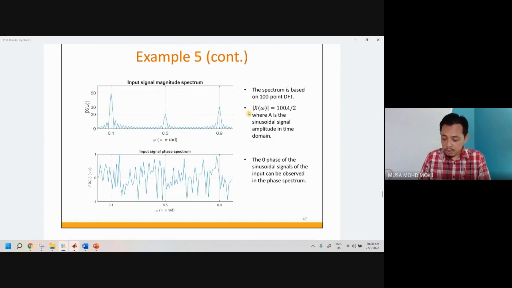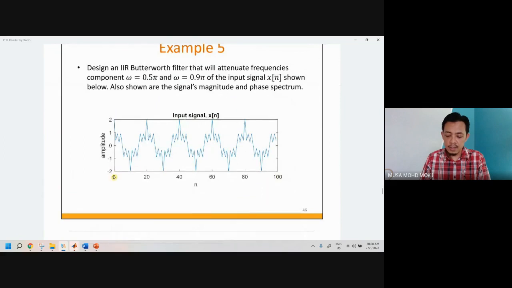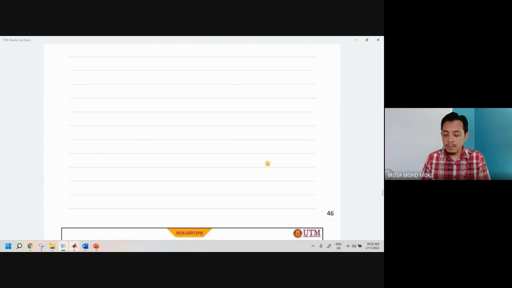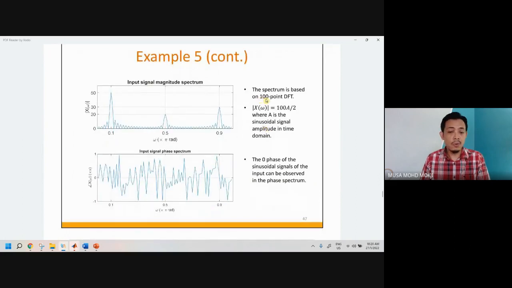All right, just some notes. The spectrum is based on a 100 point DFT. This is the minimum because the signal goes from 0 up to 99, so we have 100 points, 100 samples, in the time domain. Of course we can do a DFT of 1000 or 200 or 500, it doesn't matter, but it needs to be at least 100.